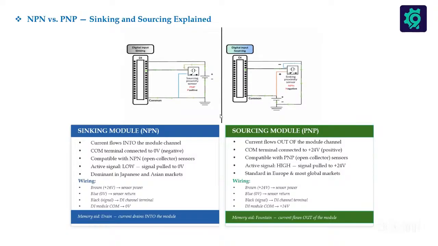That is where it is going to be supplying commands into the PLC to tell the PLC whether it is sensing or it is not sensing. The negative terminal of it, which is the blue 0 volt, will be connected to the common of the PLC, while the other end, which is the brown, will be connected to the positive end of the power supply, which will also be connected to the PLC.